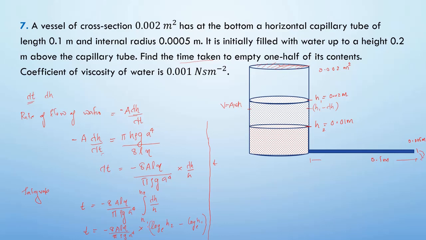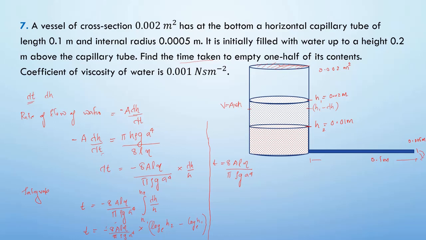We can write this equation t is equal to 8aLη divided by πρg r to the power 4 log h1 minus h2.